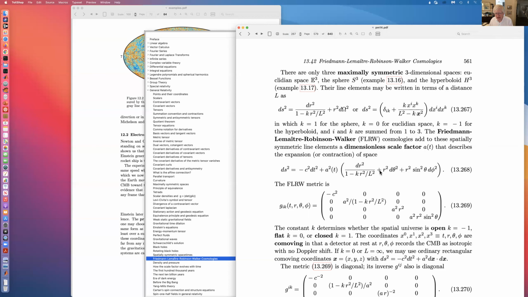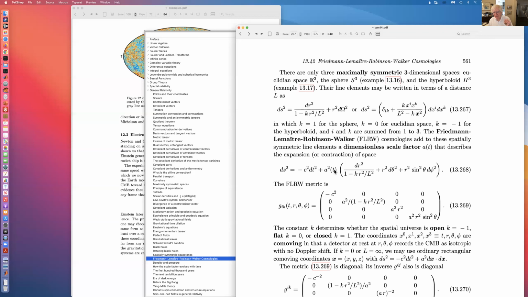So that when we change our coordinates, in other words, this incorporates the expanding universe. When t is very small, a of t is very, very small. And a of t, when t is 13 billion years, it's much bigger.